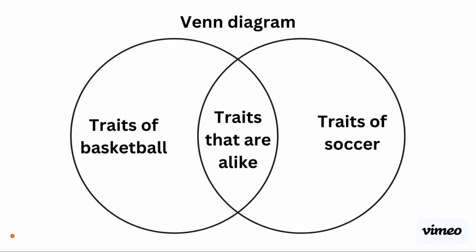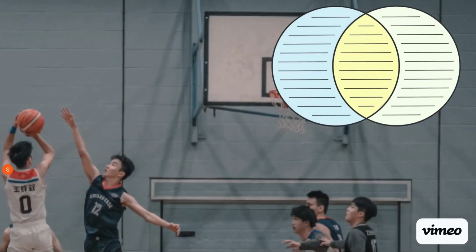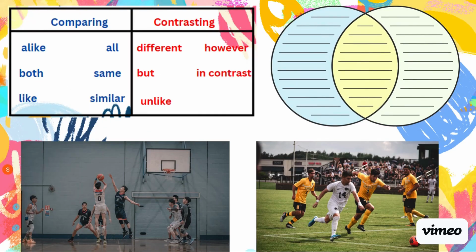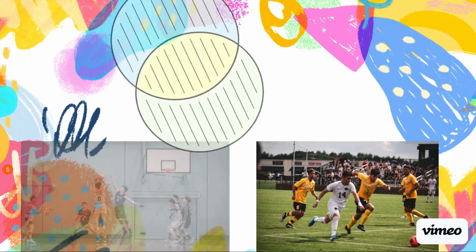Since we are comparing basketball and soccer, the traits that are alike, so what's the same about basketball and soccer, will go in the middle. And on one side, we will only put the traits of basketball. On the other side, we will only put the traits of soccer. Now we can compare and contrast basketball and soccer using compare and contrast vocabulary and a Venn diagram.